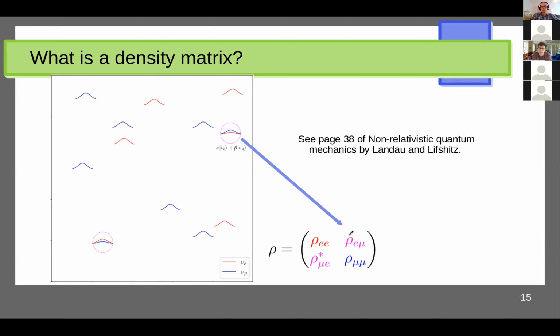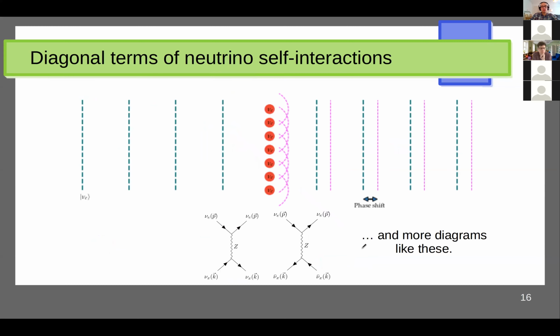So now let us look at the diagonal term and the off-diagonal term of the neutrino self-interaction in detail. As far as the diagonal term is concerned, it's not very different from the coherent forward scattering from electrons. But there is a subtle issue involved here. What distinguishes the incoming electron neutrino from the electron neutrino in the medium? The answer is there is no difference.